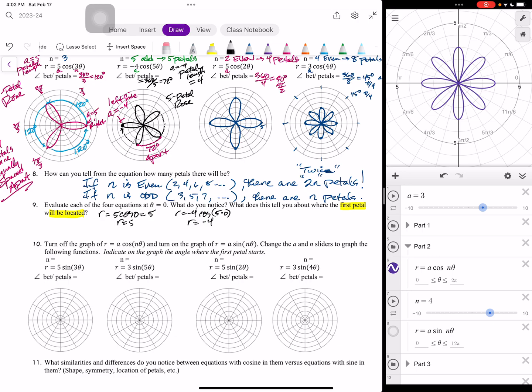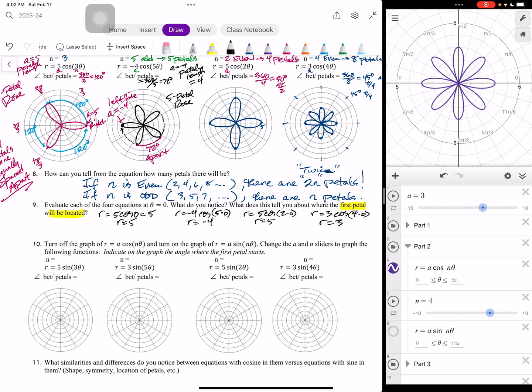And the first one, r is 5. Next one, r is equal to 5 times cosine of 2 theta, so 2 times 0. 2 times 0 is 0, cosine of 0 is 1 times 5, so we get r is equal to 5. And my last one there, r is equal to 3 times cosine of 4 times theta, so 4 times 0. Cosine of 0 is 1 times 3 is 3, so r is 3.